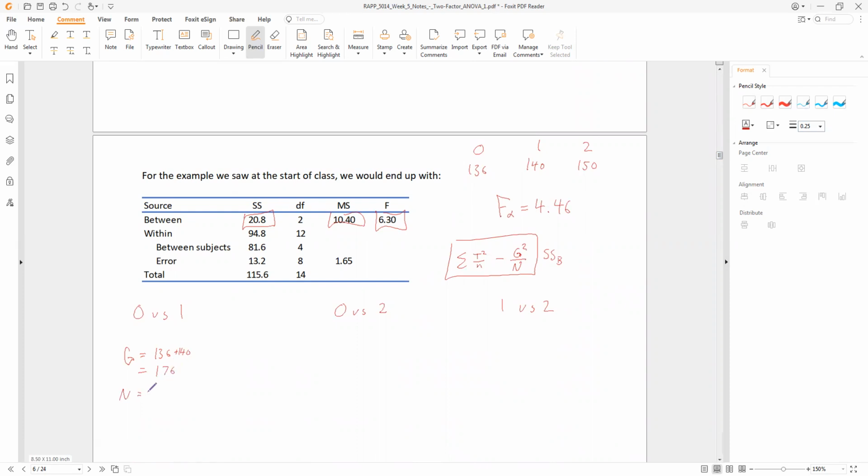And the n is going to be 10 because it's 5 plus 5. There were 5 in each group. So when we do this formula, we're going to get 136 squared over 5 plus 140 squared over 5 minus 276 squared over 10.